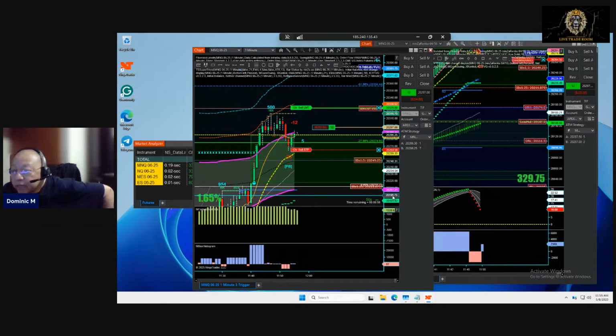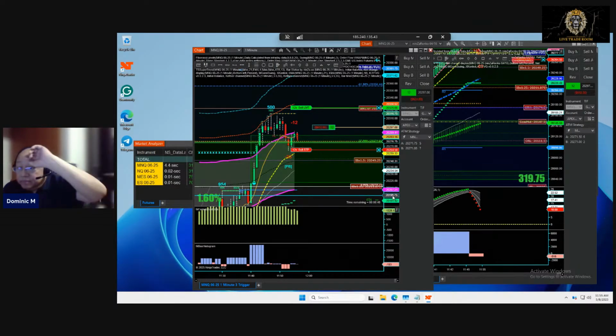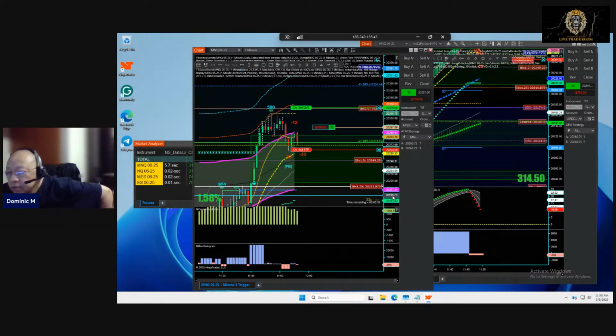Okay, you see where that bar is closing? It's not getting above that plus 2 deviation. That's the reason why. Let's see what happens here. It may just hit my stop here. Yeah, 6-second delay. Yep, probably hit my stop.